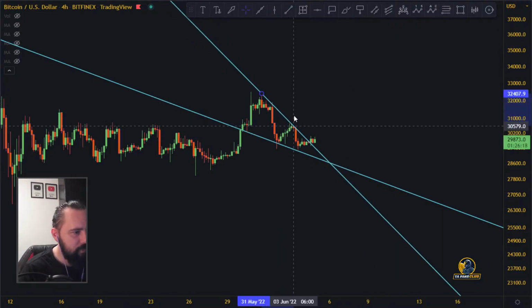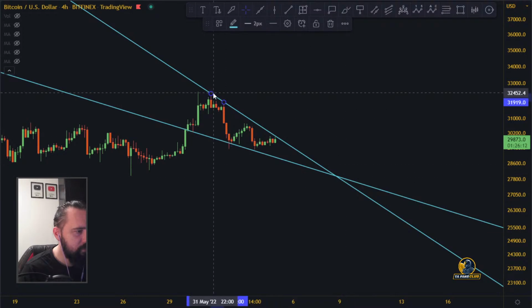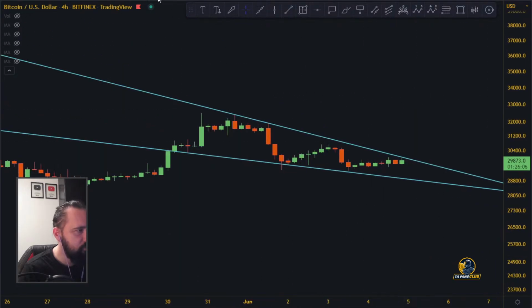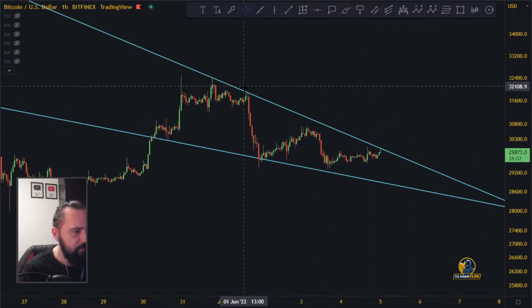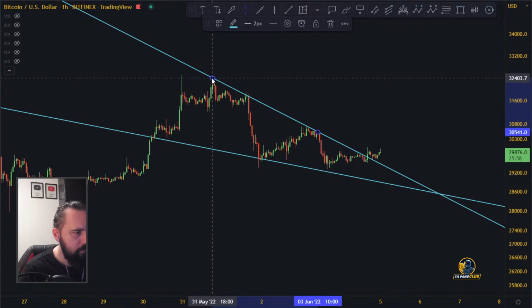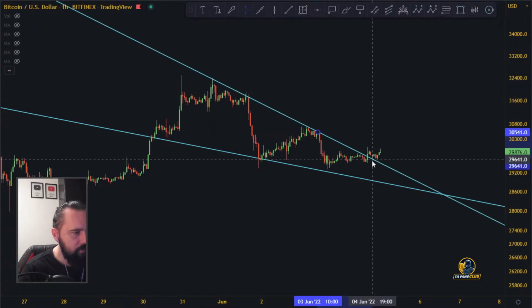Like if you use this down here, which we should use, it looks like he did break it, but maybe using these lines up there. Guys, when it comes to drawing lines, it's very tricky to draw correct lines or to find what is the correct line, right? Because it could be this, it could be down here somewhere.